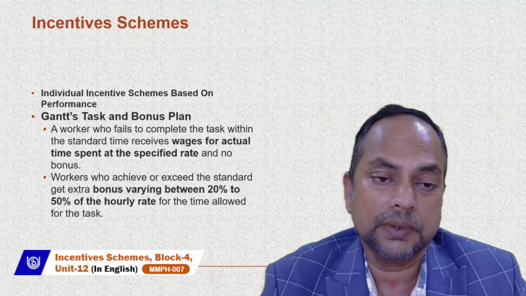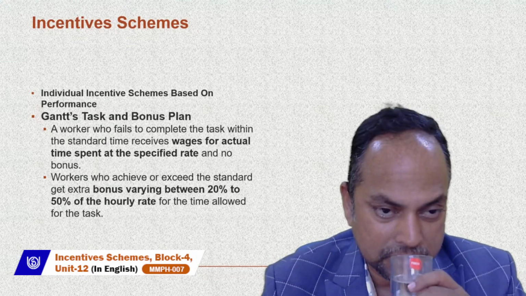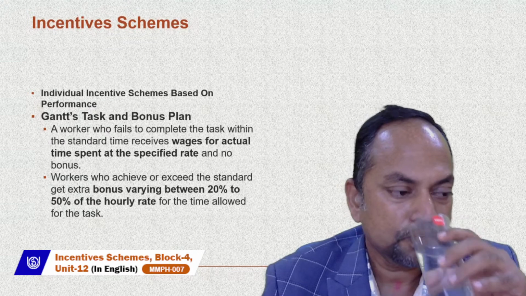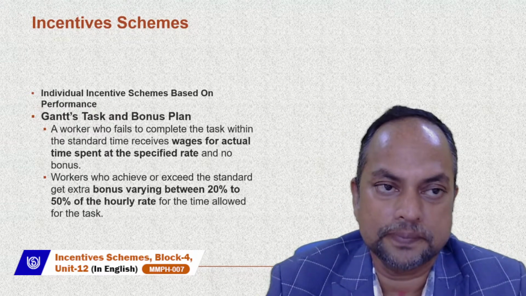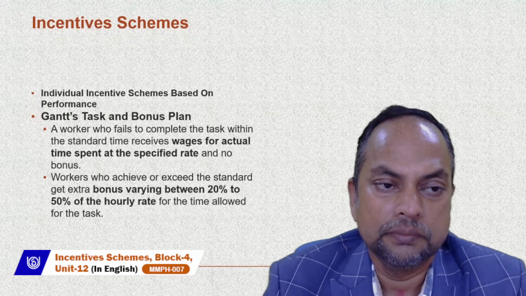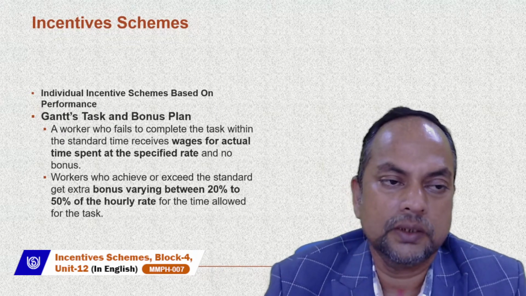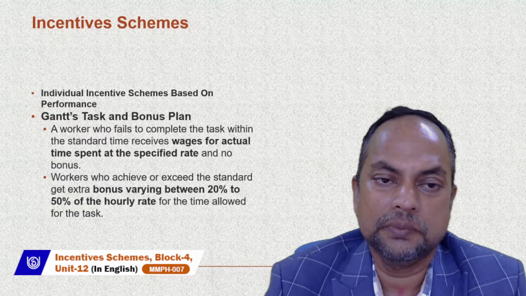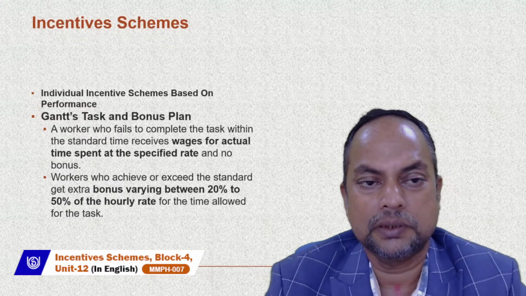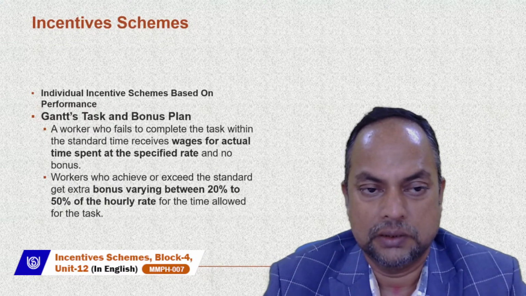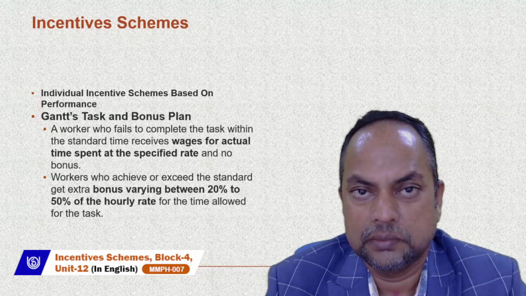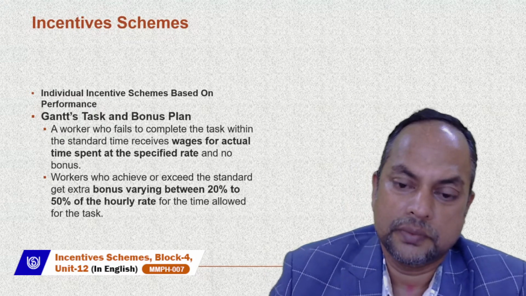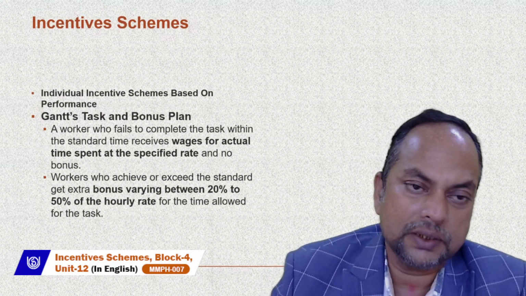So these variations are based on the productivity of the workers itself, right? So maybe the incentive schemes are based on time, maybe based on productivity, but the thrust is to motivate the employees so that they can contribute their best towards the organizational productivity.